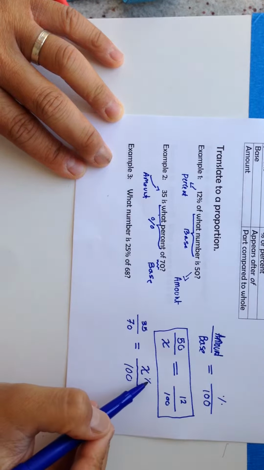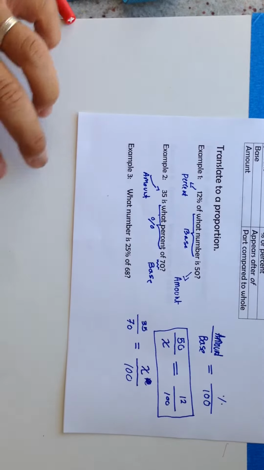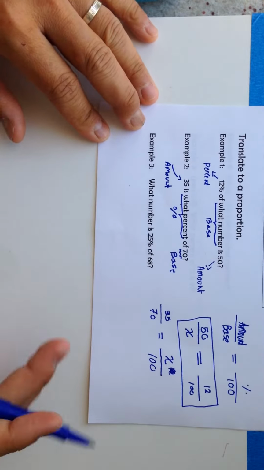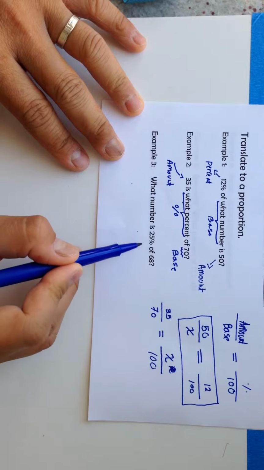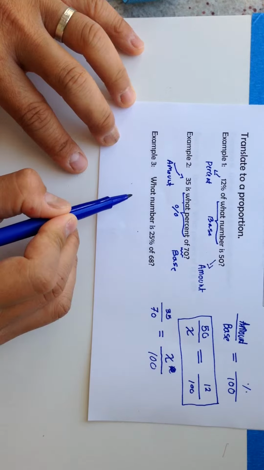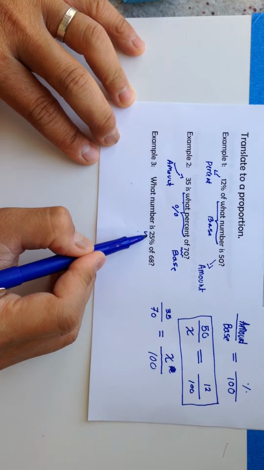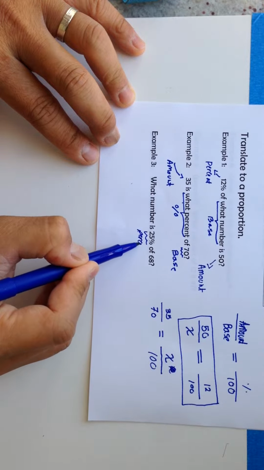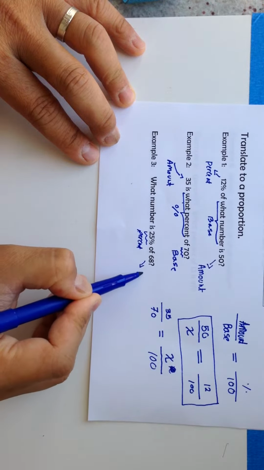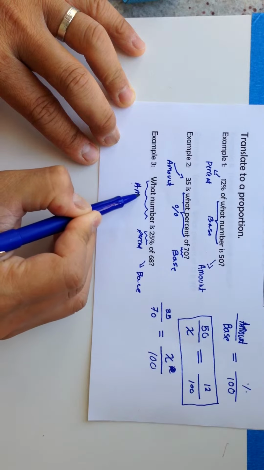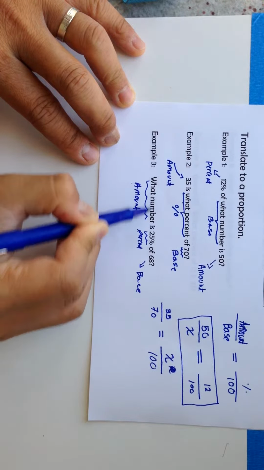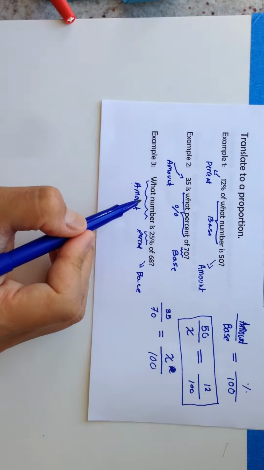All right. Okay, so first in any problem, identify the percent and the base. The amount will come for free. So that's the percent. This is going to be your base. And then what number is your amount, because whenever you see the word "what," it's unknown.